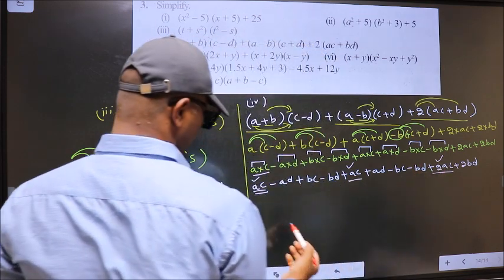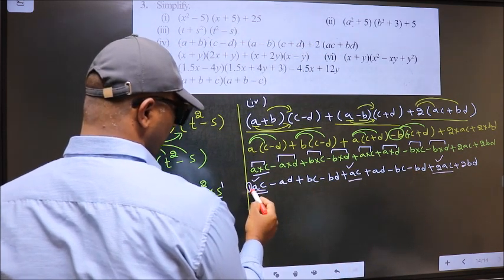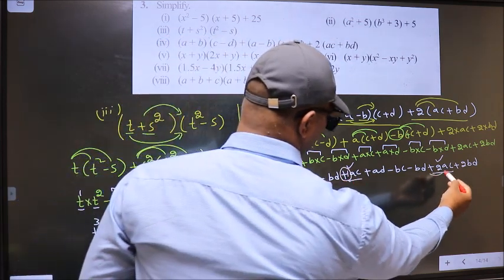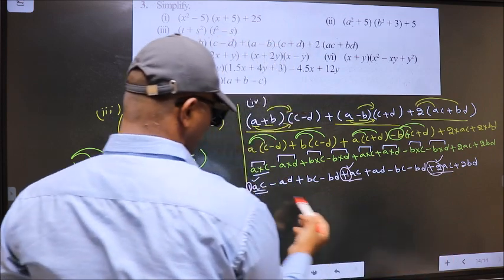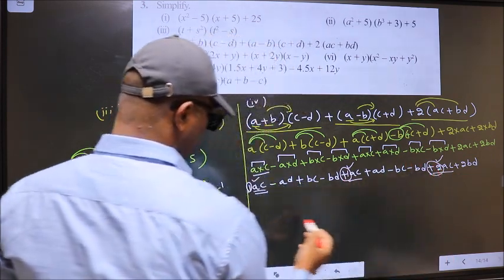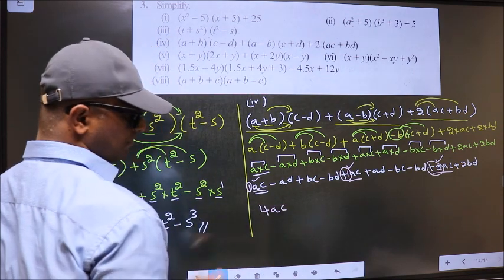Now look at the numbers before that. Here it is 1 and here also it is 1 and here it is 2. So 1 plus 1 is 2, 2 plus 2 is 4. So we get 4 AC.